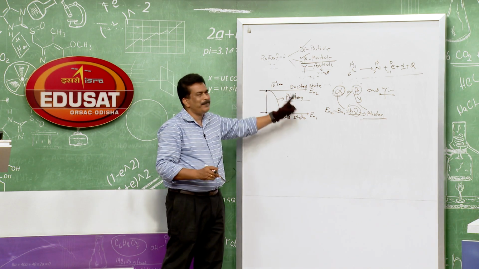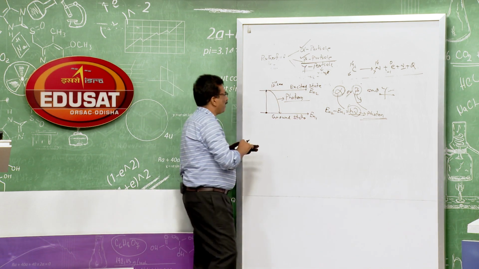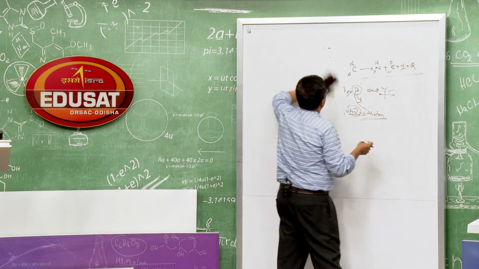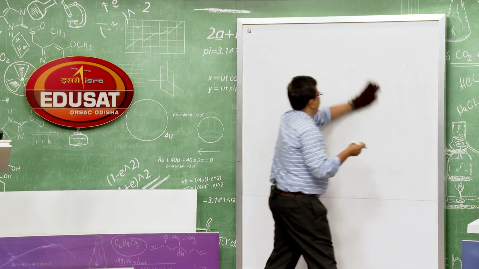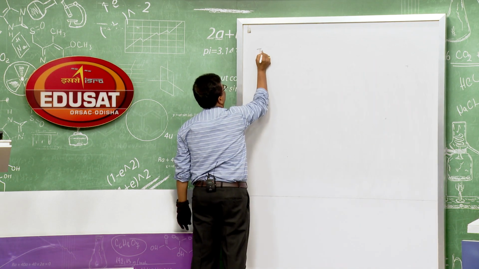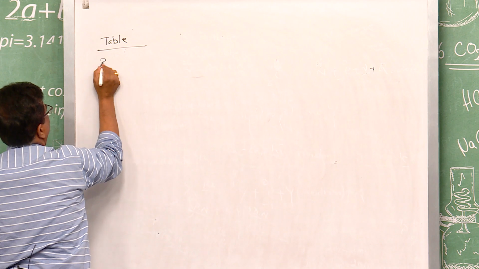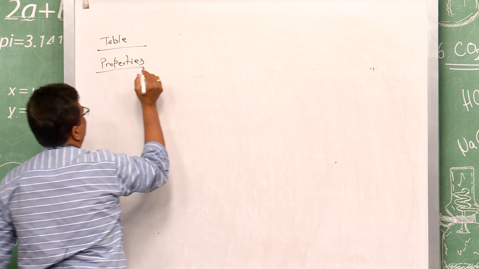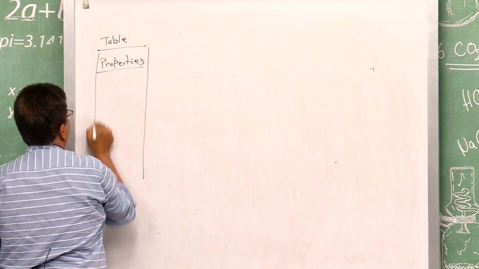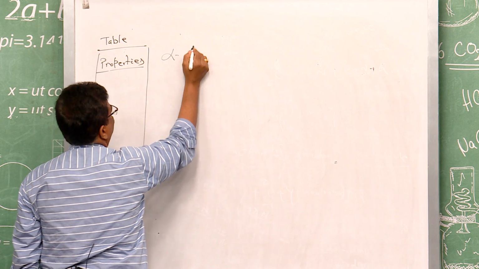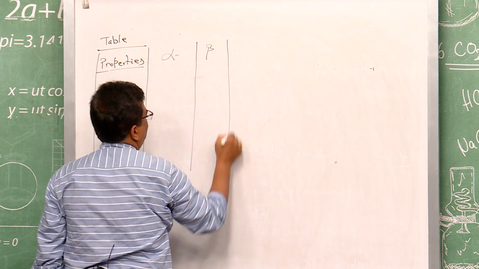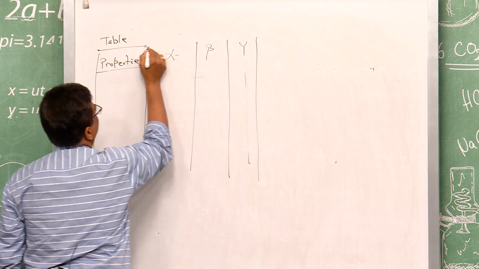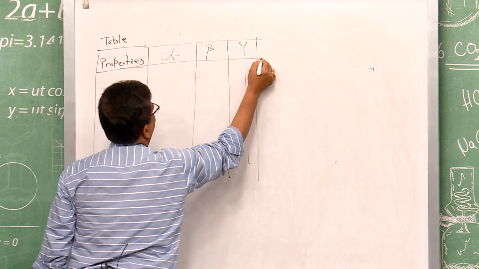Therefore, alpha, beta and gamma. When we discuss them, let us plot a tabular form with the properties for alpha, beta and gamma.